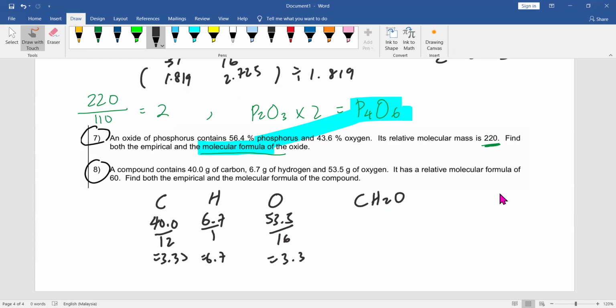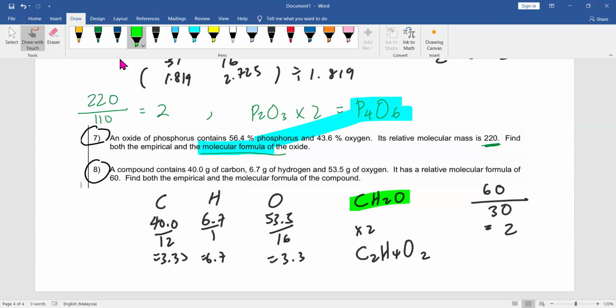And then you take 60 divided by 12 plus 2 plus 16, which is 30. You get 2, so times 2, C2H4O2. Okay, so this is the empirical formula and this is the molecular formula. Okay, got it? All right, easy, yeah?